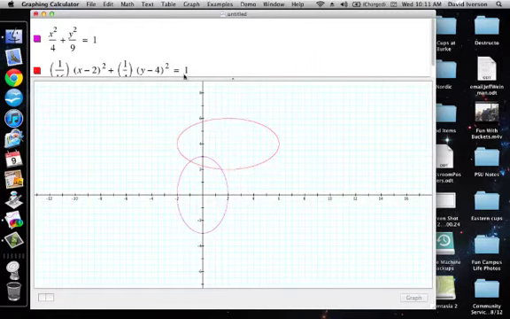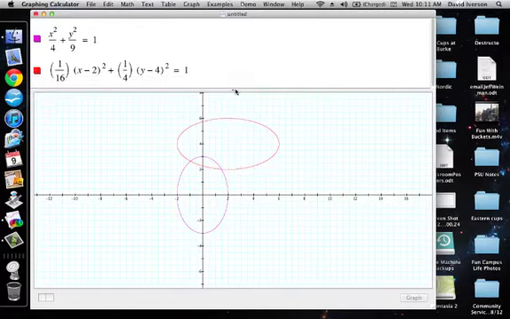Okay, so that right there is my horizontal stretch. That right there is my horizontal shift. That's my vertical stretch. That's my vertical shift.